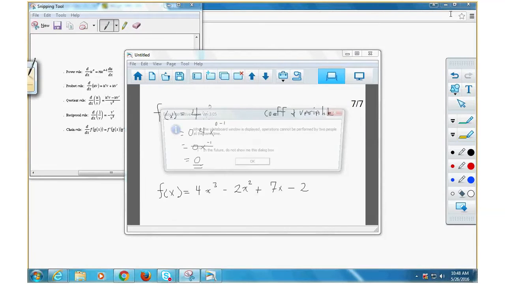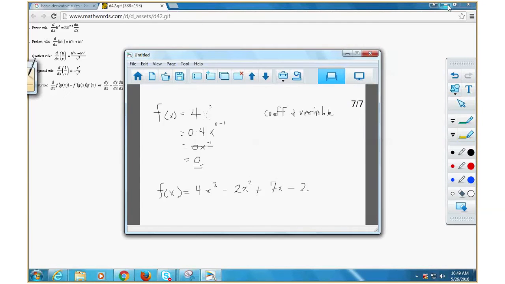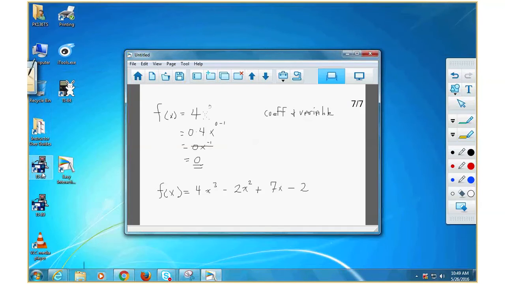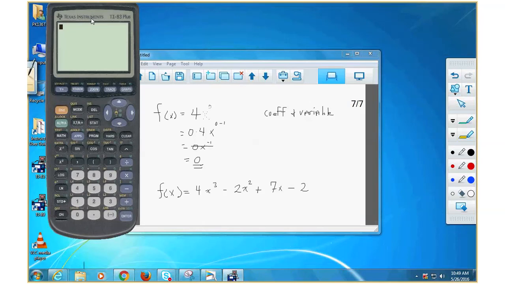I'm going to make it small right quick so I can pull up my handy dandy calculator. And pull it over here.